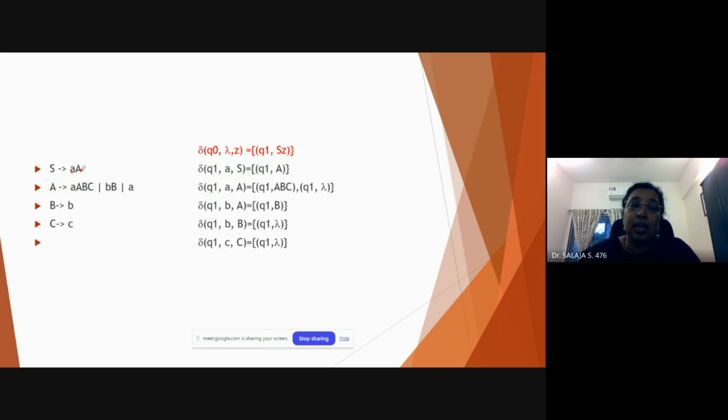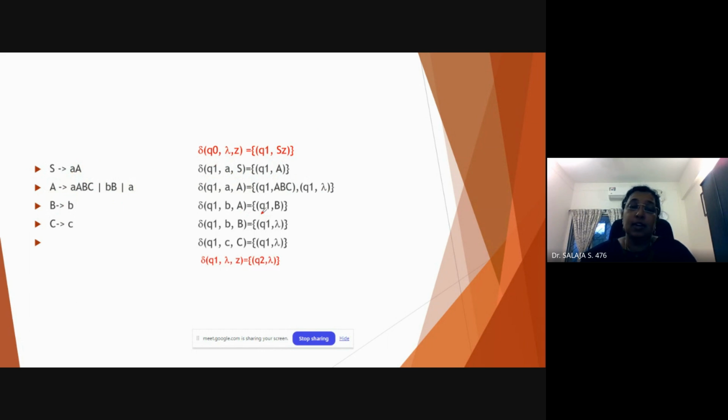So Q1, a, A is the input, and the output is Q1, and write the remaining on the right hand side. Here Q1, a, A has two alternatives. So Q1, a, A will be Q1, ABC, and here after a we don't have any other variable, and therefore it's lambda. And similar explanation holds true for all the productions.